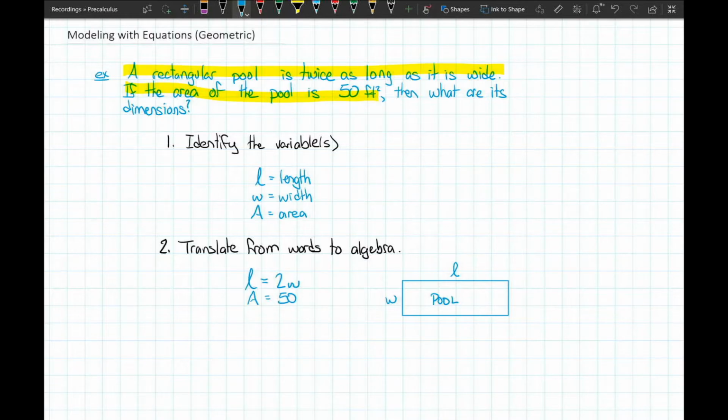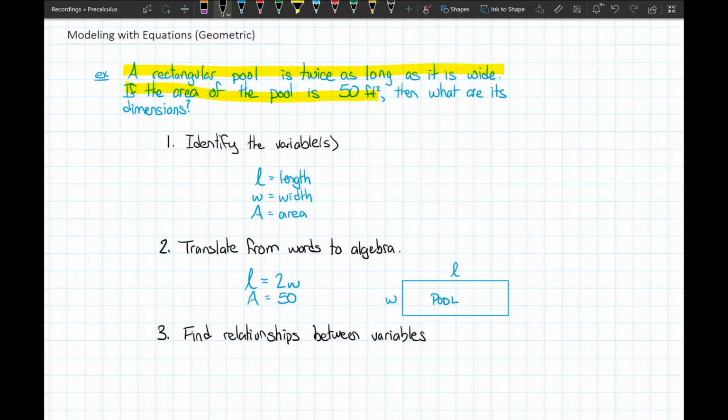Now, after you've translated some of these sentences into an equation, that typically means you don't have to go back and continue to read it. At this point in time, you're going to try to see if you can find some sort of relationship that you may already know or that you might be able to look up. Find some sort of relationship that takes L, W, and A and puts them all together.